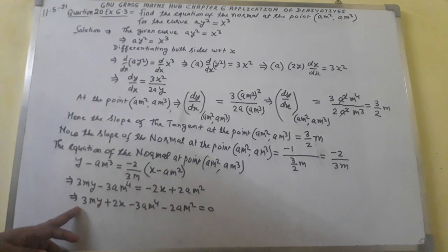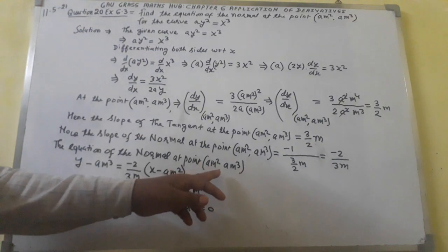This will be the equation of the normal at the point (am², am³).